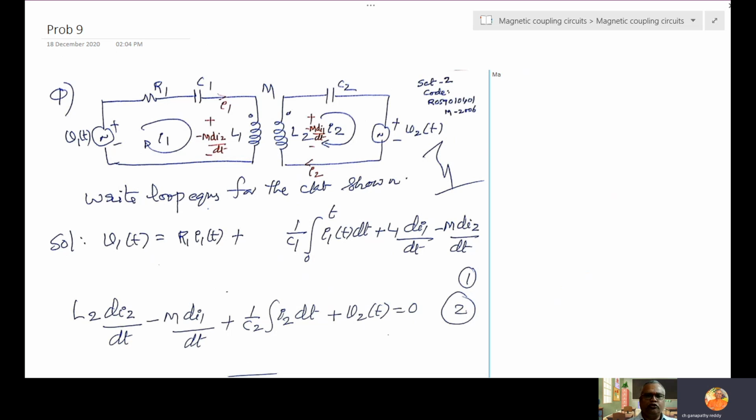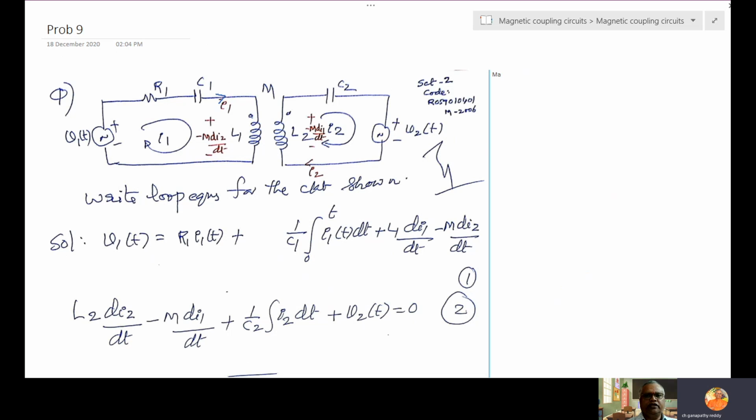Now, write the loop equations. This was asked in the JNT exam. It just asks you to write the loop equations for the circuit shown. Here loop current I1, here loop current I2. If this loop current is I1, this current is again I1.